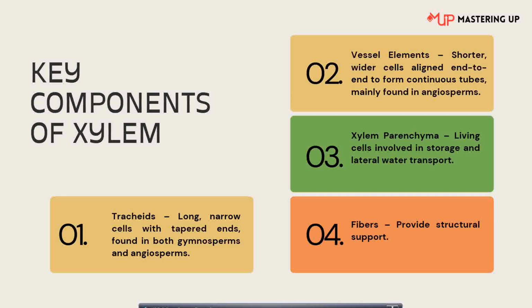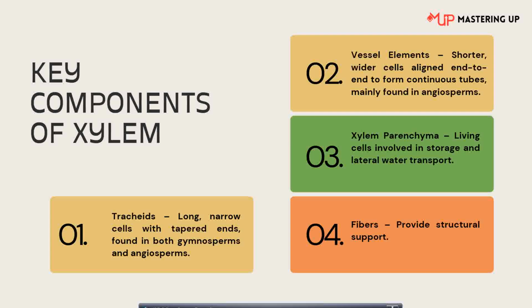They are found in both gymnosperms and angiosperms. Now vessels are shorter, wider cells aligned end to end to form a continuous tube, mainly found in angiosperms. Note that tracheids are found in both gymnosperms and angiosperms, but vessels are mainly found in angiosperms.